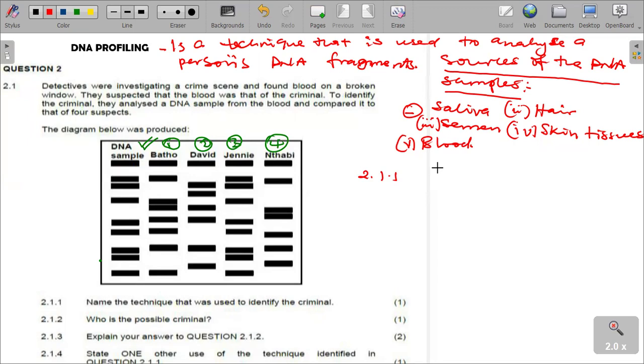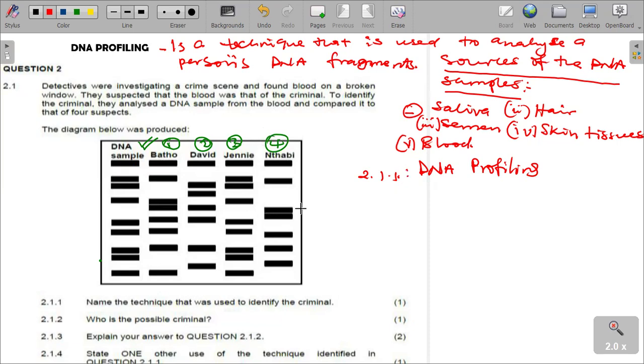It has to be known that this is DNA profiling, which we define as a technique that is used to analyze a person's DNA fragments. The DNA fragments which were found there were then shown as you can see. So the technique used there is DNA profiling.